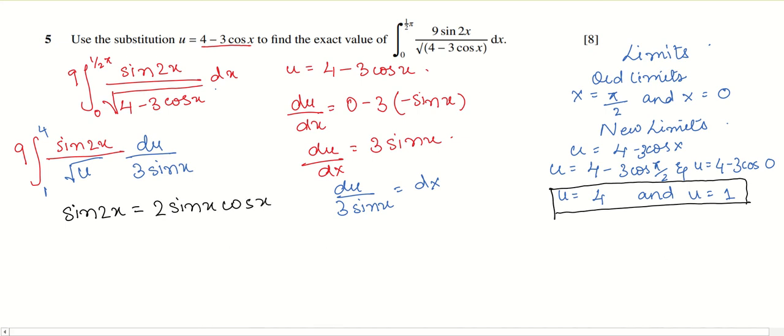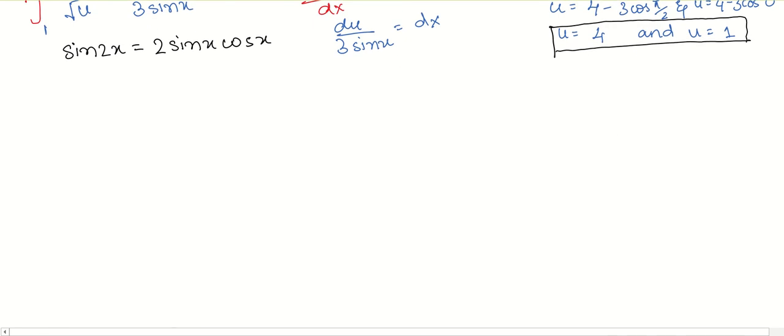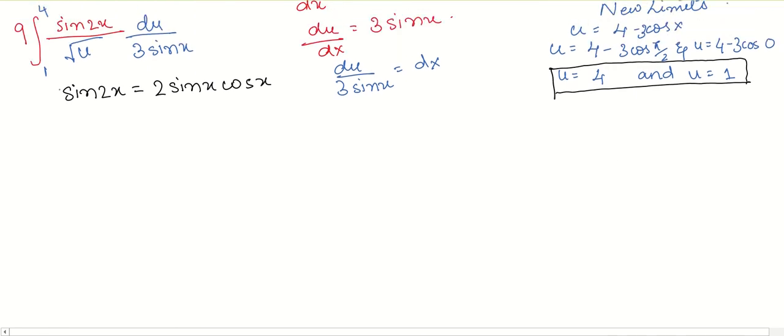So sin 2x is equal to 2 sin x cos x. What we can do for that is replace it, and write 2 sin x and cos x, divided by root u, times du over 3 sin x.